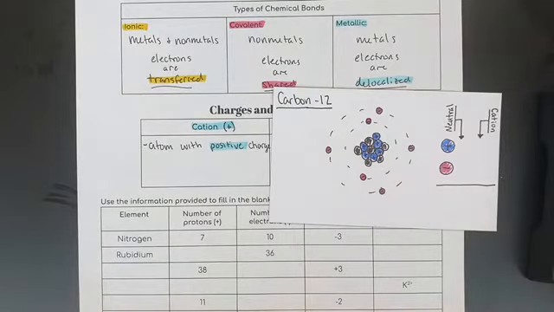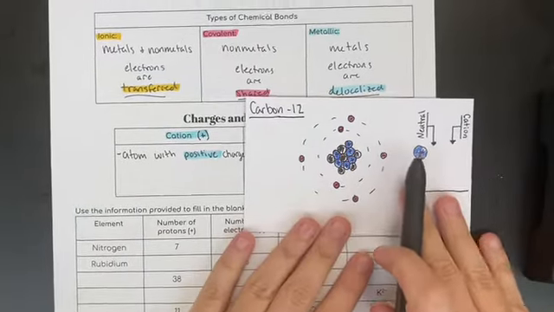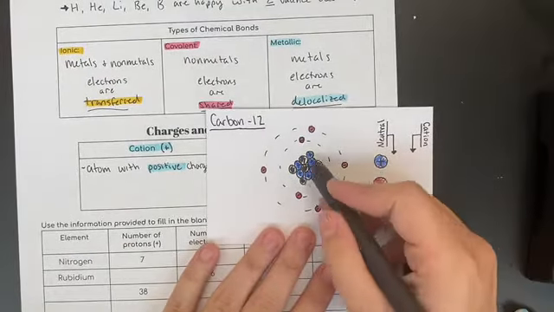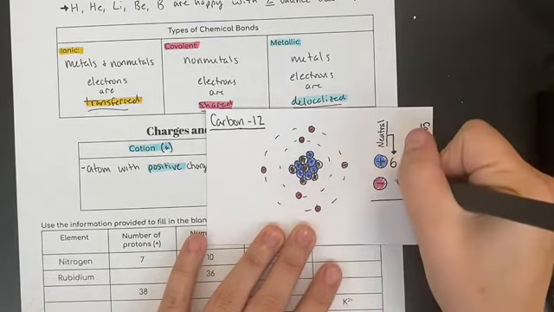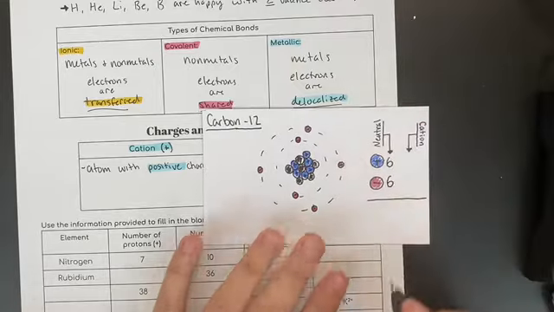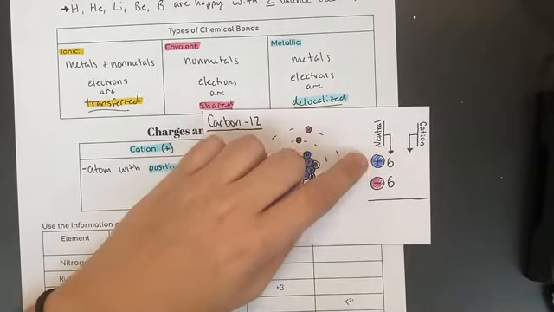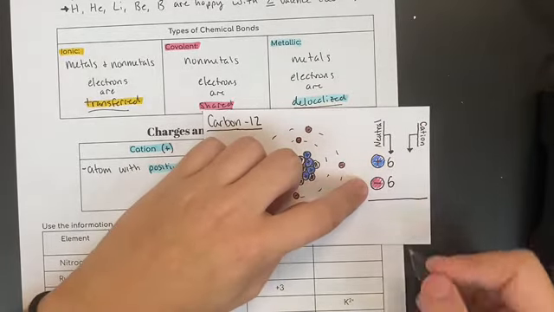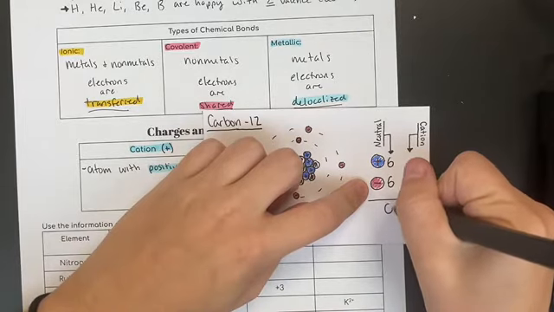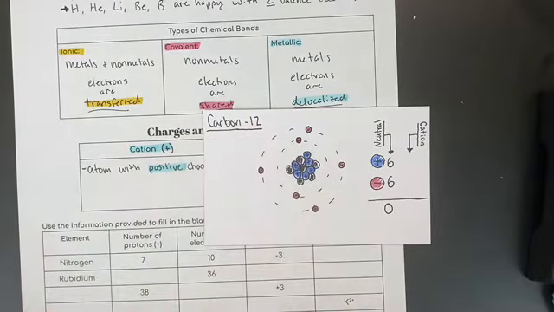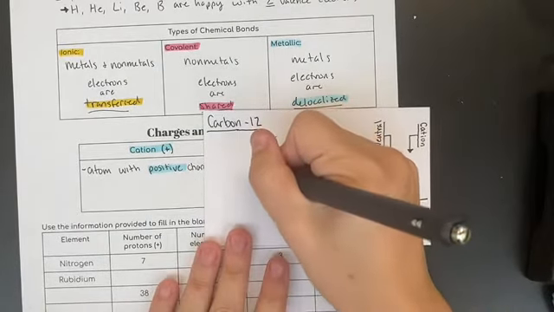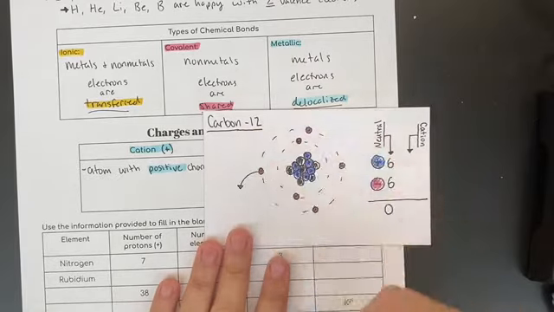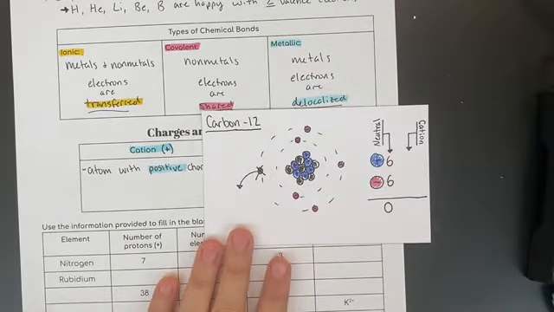This is a neutral carbon atom, and the way we know that it's neutral is because if we count, we have 6 protons and we have 6 electrons. If we have 6 positive things and 6 negative things, then the charge comes out to be 0. But let's see what happens to the charge if I take one of these electrons away, so it's not there anymore.